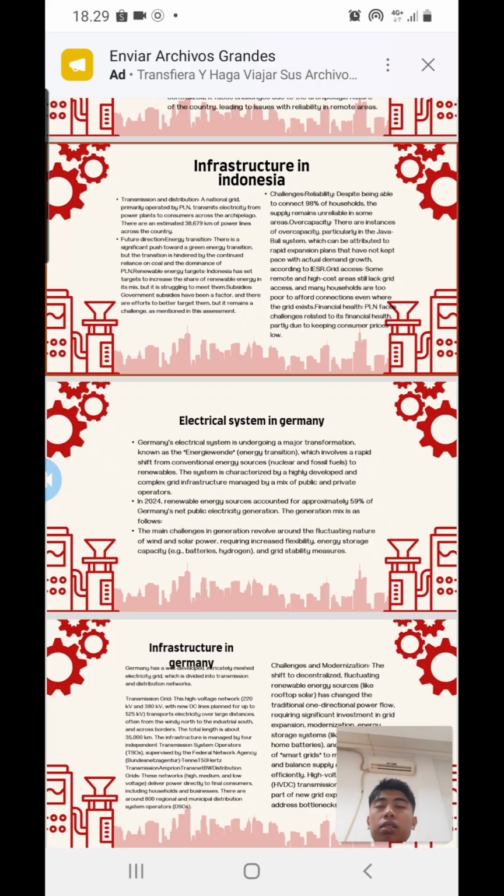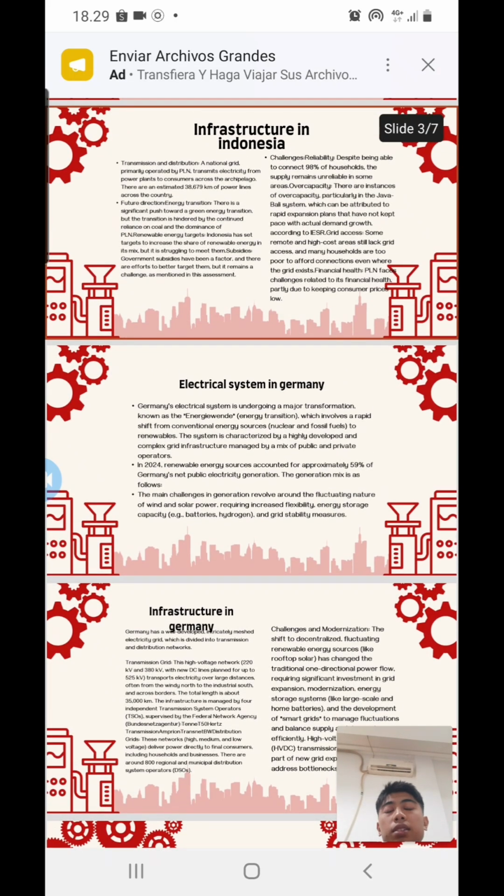The renewable energy target: Indonesia has a target to increase the share of renewable energy in its mix, but it is struggling to meet it. Government subsidies have been a factor, and there are efforts to better target them, but it remains a challenge as mentioned in this assessment.